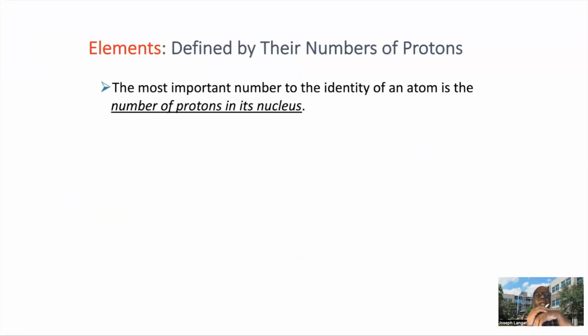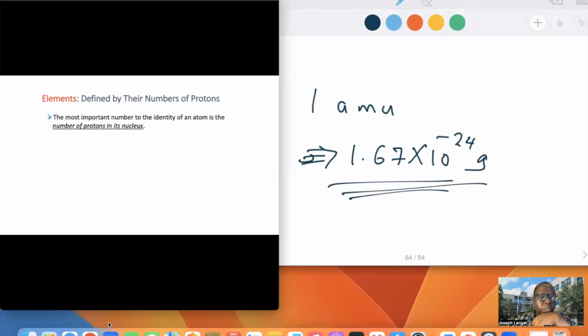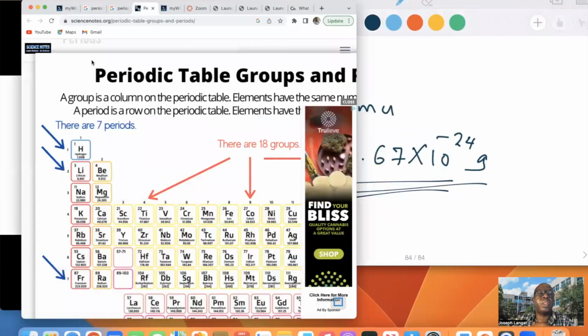So, elements on the periodic table. When we say elements, sometimes you get confused and ask, what is an element? An atom? This is the periodic table, and these are the elements on the periodic table.